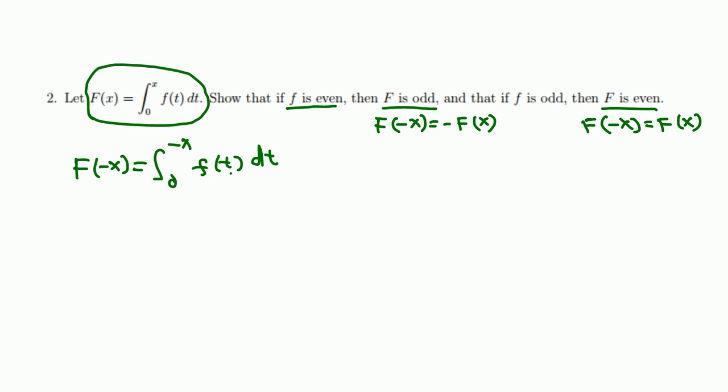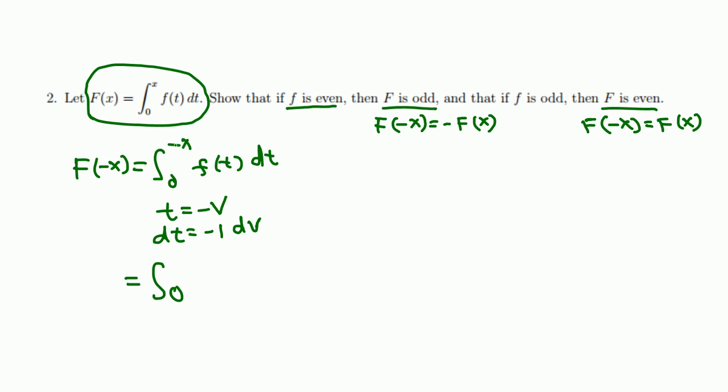So let's make a change of variable. Let's say t equals negative v, then we'll convert everything in terms of v. Then dt will be -1 dv. Then going back there, when t equals 0, the lower limit, negative v equals 0, so v equals 0.